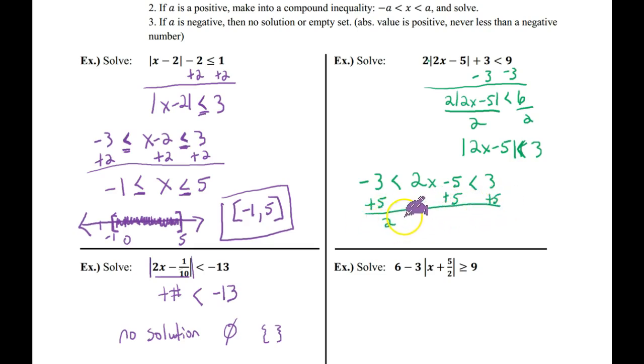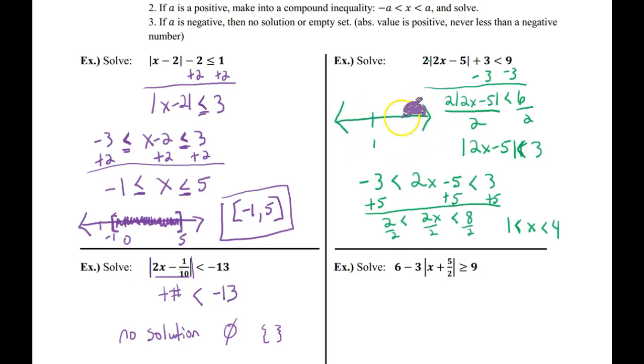So I have a positive 2 less than 2x less than 3 plus 5 is 8. Divide by 2. 2 divided by 2 would be 1, less than x less than 8 divided by 2 is 4. So since this was less than and not less than or equal to, there's no equal to bar here, that means when I go to graph this, I'm going to use parentheses for an open point.